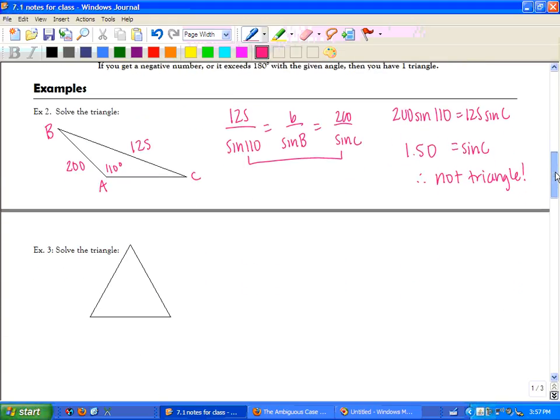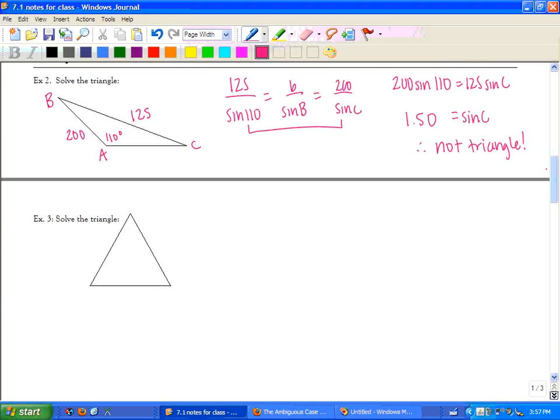So let's try one that works out a little better here. If we do A, B, and C again, if we know that angle B is 31 degrees, little c is 46, and b is 29. Again, we can set up our proportions here. So we'd have little a over the sine of a. And again, you don't always have to go in this order. The key is that you just do the corresponding side and angle together.